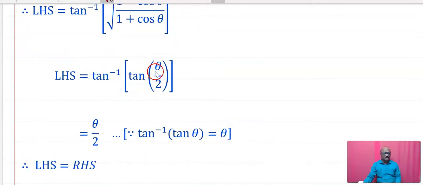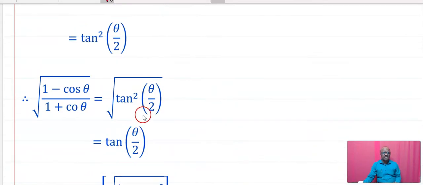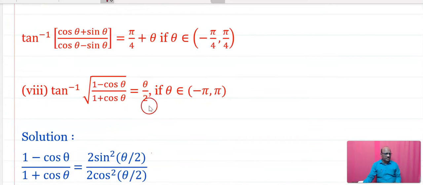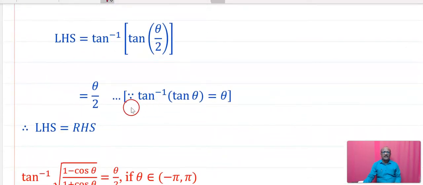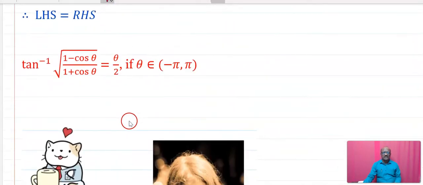Tan inverse of tan of theta by 2 is theta by 2, since tan inverse of tan theta is theta. And that is what we wanted to prove, theta by 2. And hence LHS is equal to RHS. And that's why the tan inverse of root of (1 minus cos theta upon 1 plus cos theta) is equal to theta by 2, where theta belongs to minus pi to plus pi.